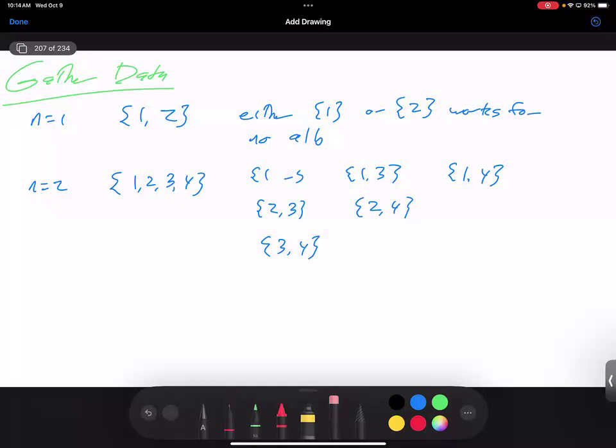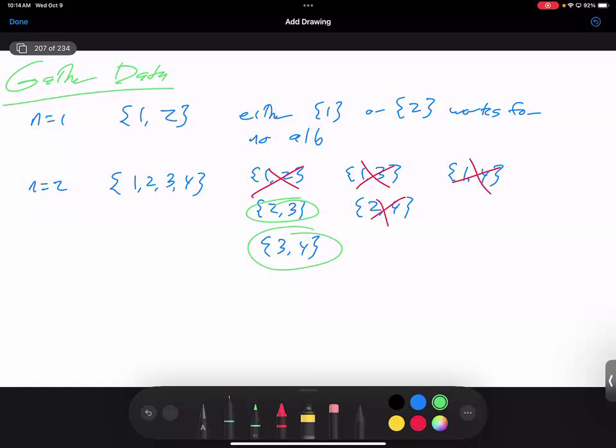Oops. You can't have any 1s. So the 1s are easy to eliminate. What about 2, 3? Does that work? Does A not divide B? Yeah. What about 2, 4? No. What about 3, 4? So we have 2 sets that work, 2, 3, and 3, 4.